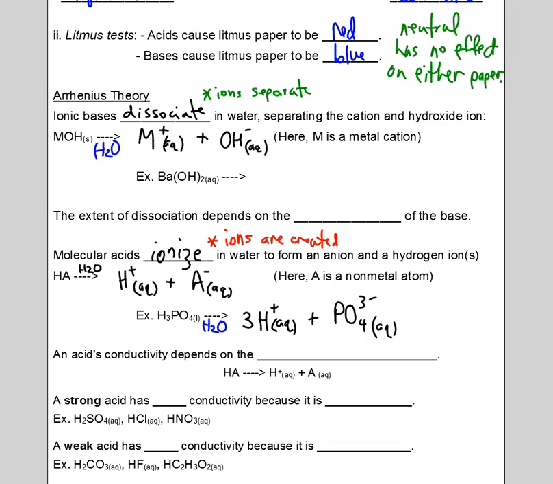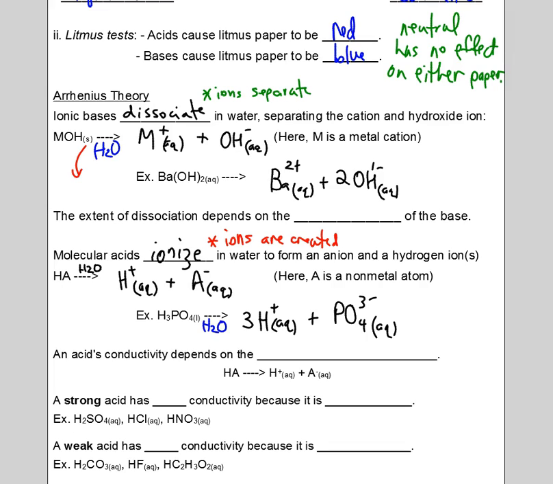So for example, barium hydroxide: barium is a group 2 metal cation and has a charge of 2+, so that would be our valence on the metal cation here, and we would produce 2 hydroxide ions for every unit that dissociates.